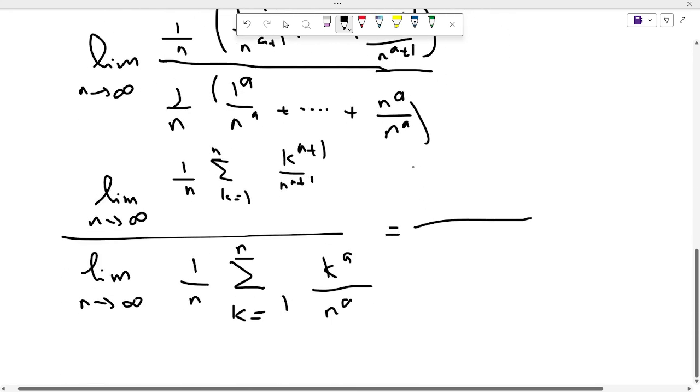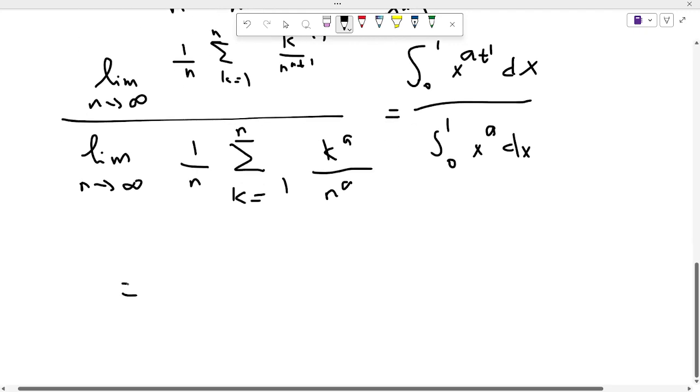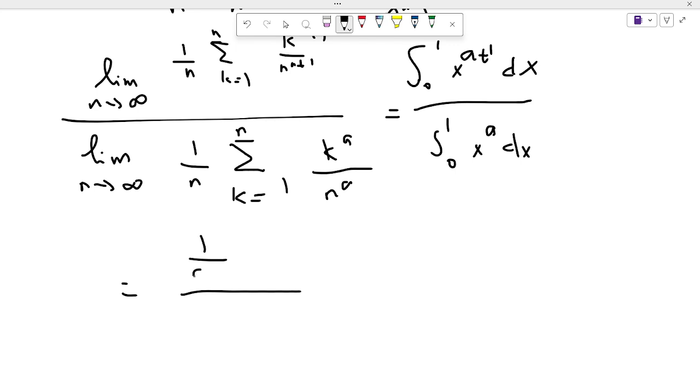That's equal to the integral from 0 to 1 of x to the power a plus 1 dx over the integral from 0 to 1 of x to the power a dx, which is equal to 1 over a plus 2 times x to the power a plus 2.